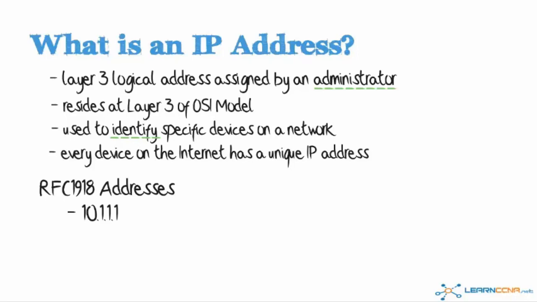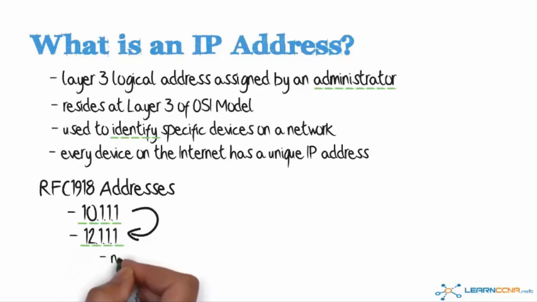So when a device with IP address 10.1.1.1 is NATed to a public IP address, such as 12.1.1.1, the public IP address, in this case 12.1.1.1, needs to be unique on the internet. For now, just understand that IP addresses on the internet need to be unique from each other.